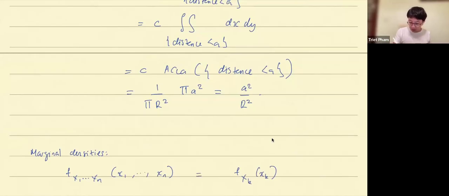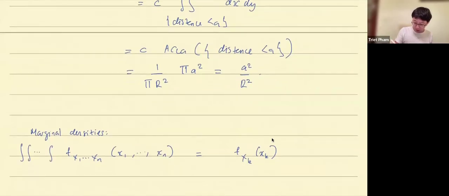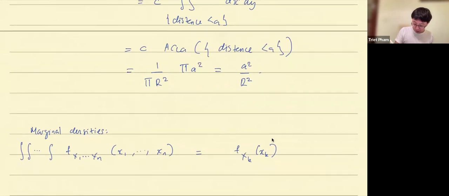Well, you can integrate out everything else. So let's say you integrate out dx1 and then xk minus 1 and then xk plus 1 and then up to xn.